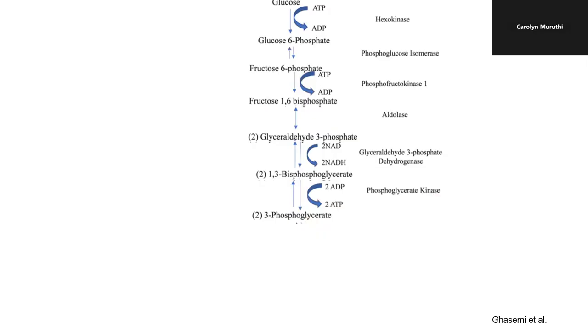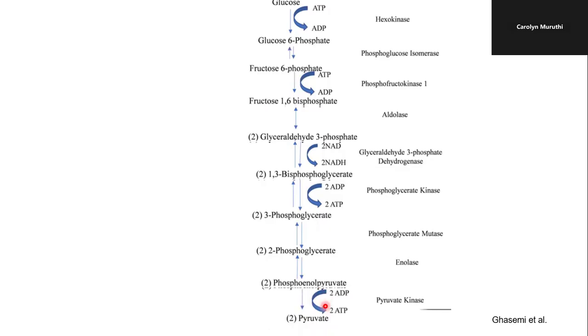Through the actions of phosphoglycerate mutase, 3-phosphoglycerate is rearranged and converted to 2-phosphoglycerate, which is then dehydrated by enolase to form phosphoenolpyruvate, which is also another energy intermediate compound.